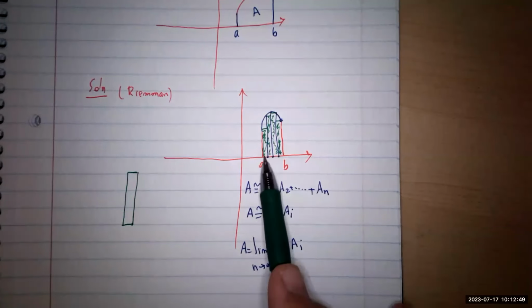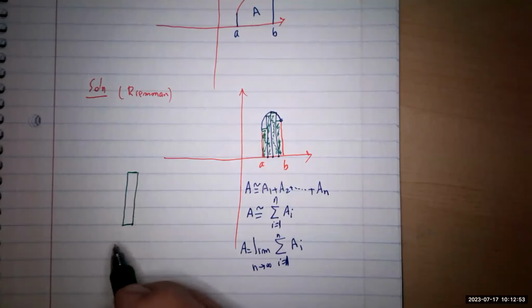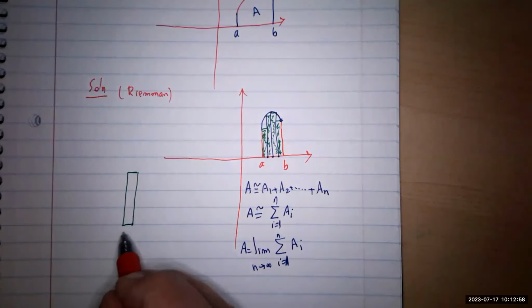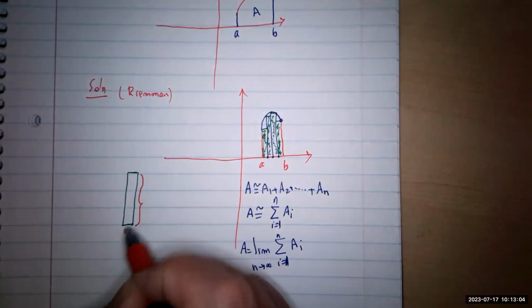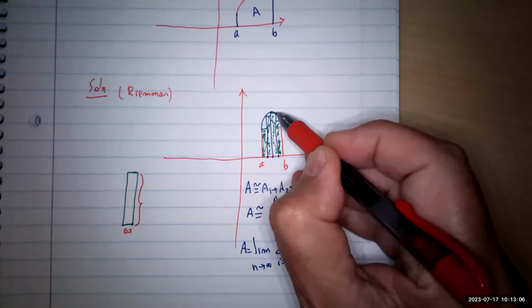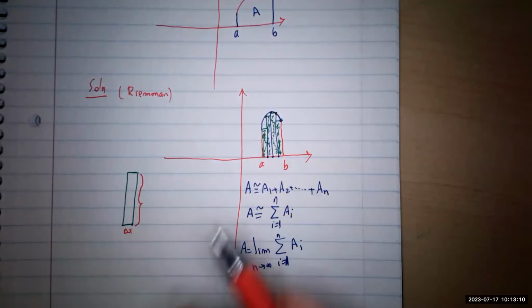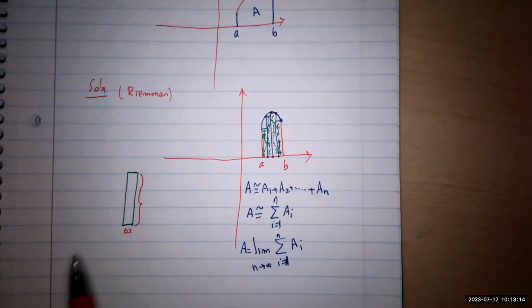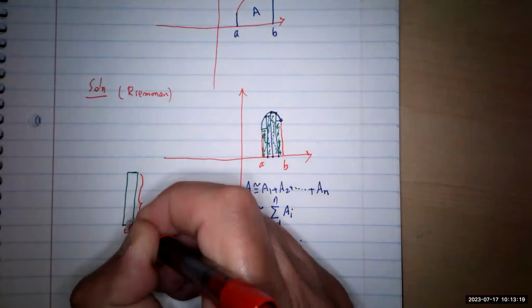This dimension we divide into equal parts, so each part is going to be called delta x, a change in x, because you go from the left to the right. And this part over here is going to be what? These points are going to be on the curve, so it's going to be the y coordinate of a point. So any point. What I'm going to do is pick one point here.